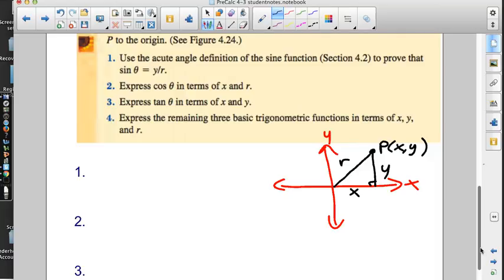So, using this, it says, use the acute angle definition of the sine function to prove that the sine of theta equals y over r. Okay, the sine of theta is, what's our definition? Opposite over hypotenuse. So this little angle right here at the origin is going to give us what we need. So we need opposite over hypotenuse. That's going to be y over r.